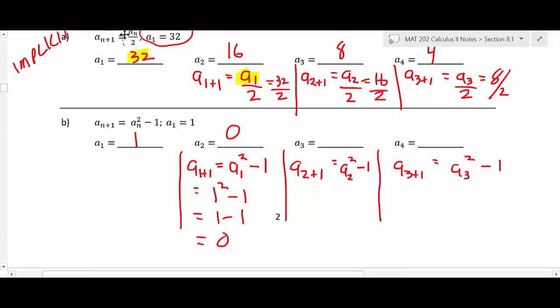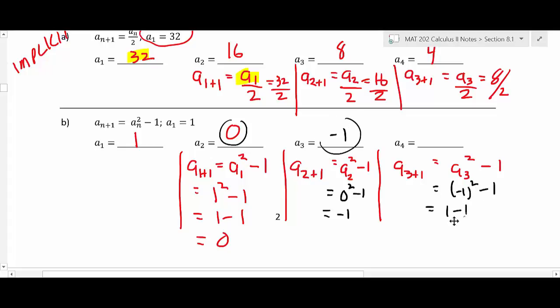Okay, what are the next two terms? Okay, yep, so the next one you would have a sub 2 was 0, square it, minus 1. You're always taking the previous term, squaring it, minus 1, so that is going to be negative 1 is what you should get there. Okay, go to the next one, you're going to do the previous term, negative 1, square it, minus 1, so that's 1 minus 1, so that gives 0.